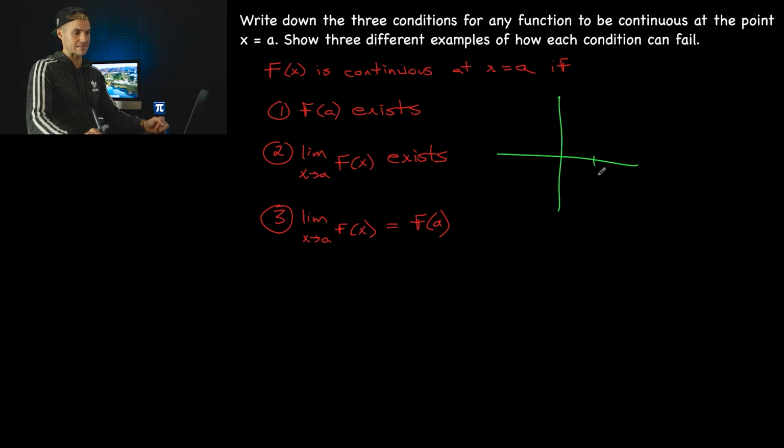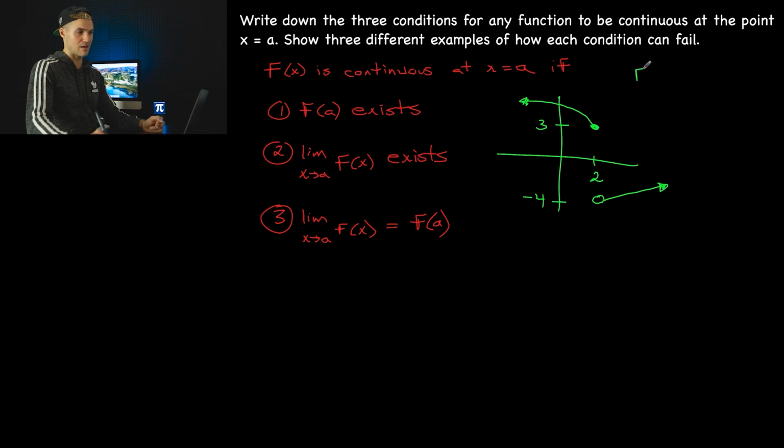So let's say at this like x value of 2, you have a function that, let's say it stops here. Let's say this is like a y value of 3, and then it continues over here like that. And let's say this is like a y value of -4. Okay, so notice that in this particular example, at this x value of 2, just from the graph you could see that there's a jump discontinuity, but let's get specifically into the conditions.